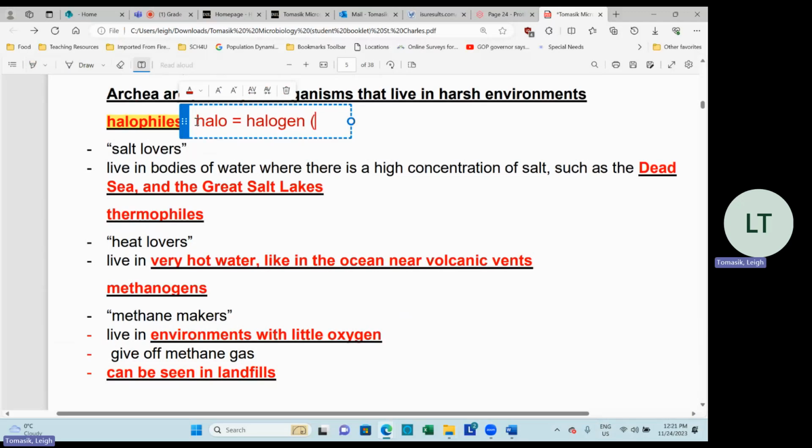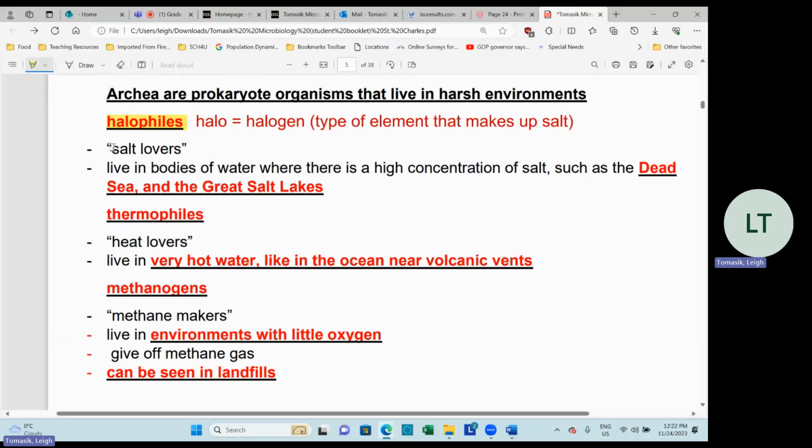And halogen is a type of element that makes up salt. So halogens can combine with metals and make salts. So halophiles means salt lovers. And they live in bodies of water where there is a high concentration of salt, such as the Dead Sea and the Great Salt Lake.